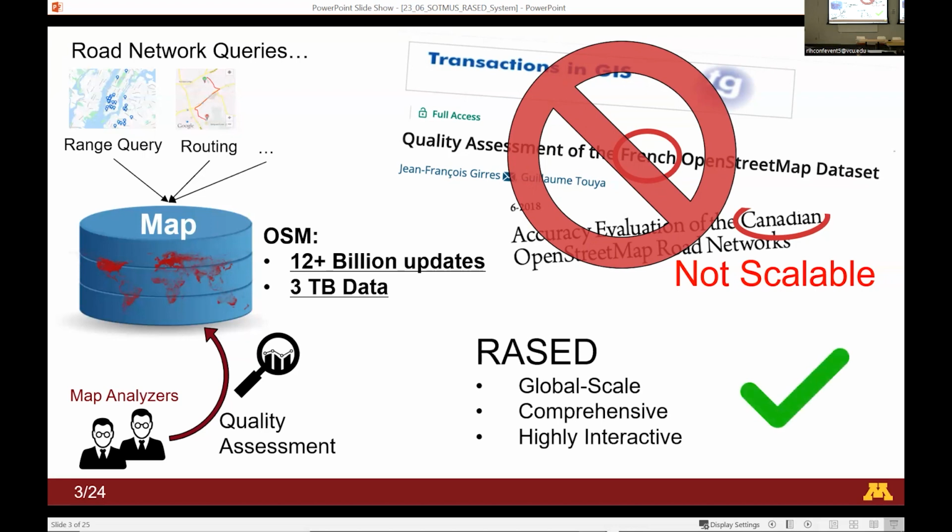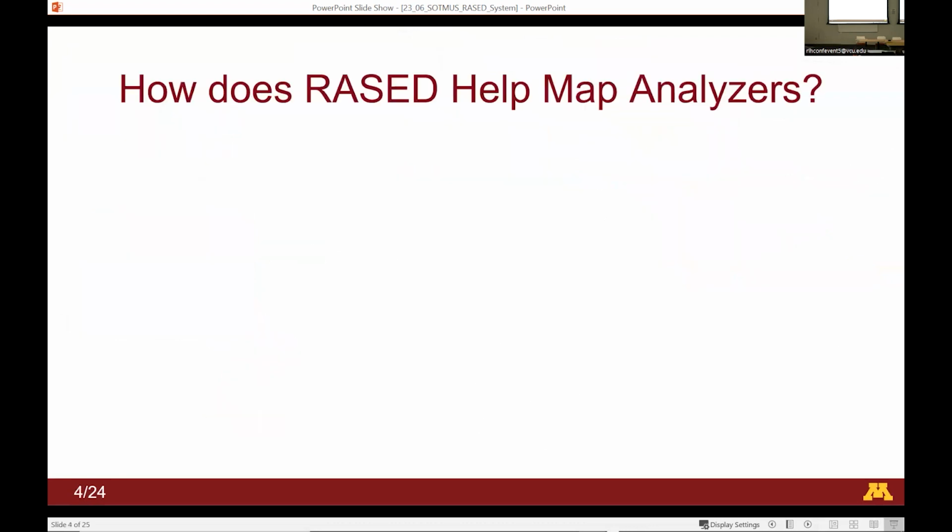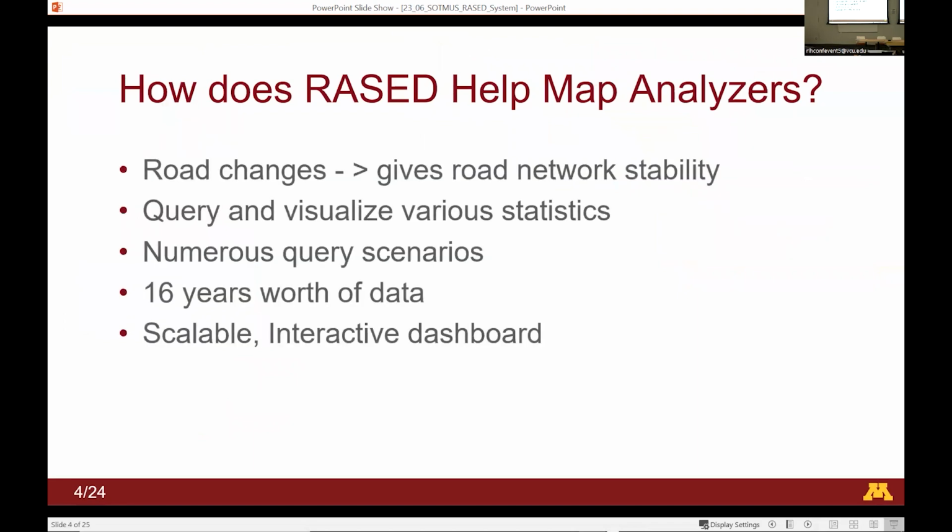So here comes RASED. It aims to provide a global-scale, comprehensive and highly interactive analysis for the data in OSM, so that researchers can use it. What kind of analysis, and how does RASED help map analyzers in this case? The use case that we needed: we wanted to see how often the roads are changing in OSM, globally and in the US.